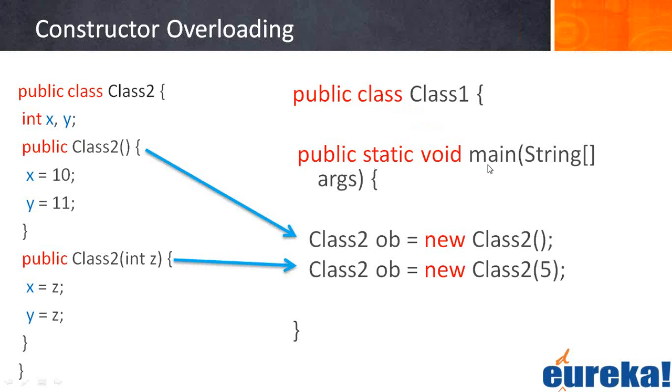In the class 1, where the main method is, you make the object of class 2: ob equals new class 2. So this one will call the first constructor, initializing x and y to 10 and 11, as you have already seen. Now when you write class 2 and pass an integer value to it, it will directly come to this constructor and initialize the value of x as z and the value of y as z. That means the integer that you have passed.